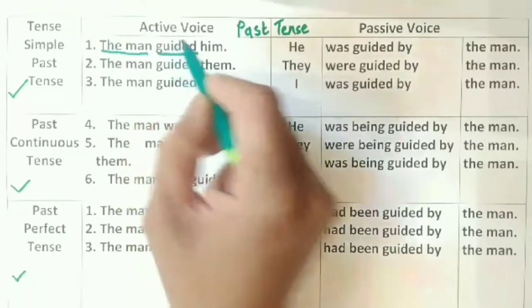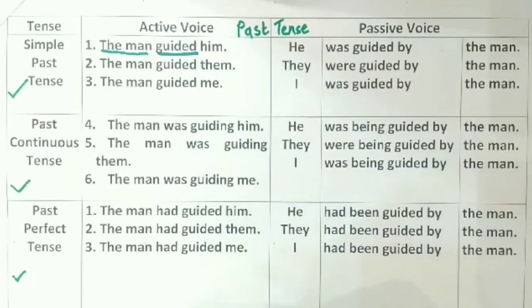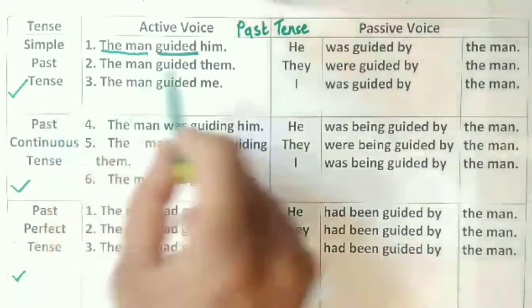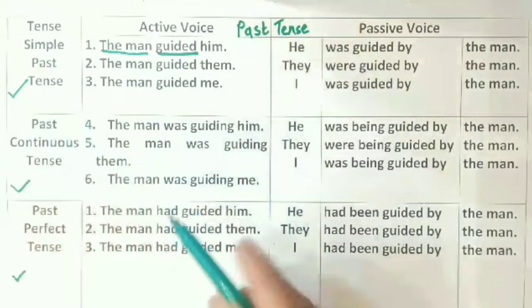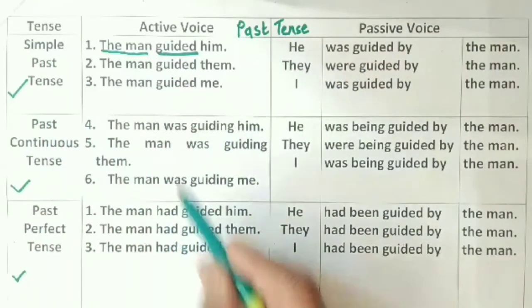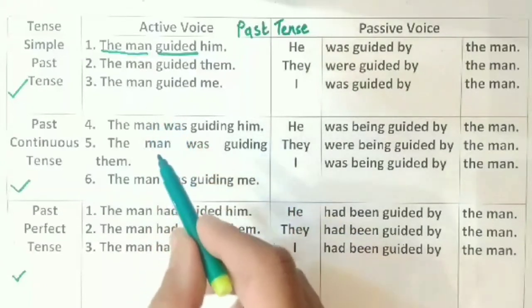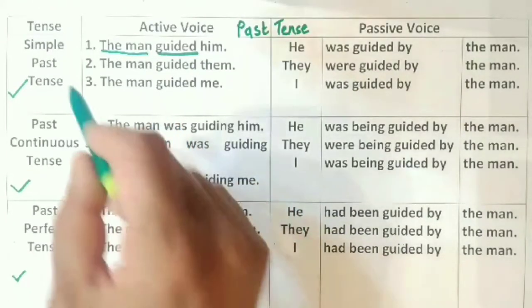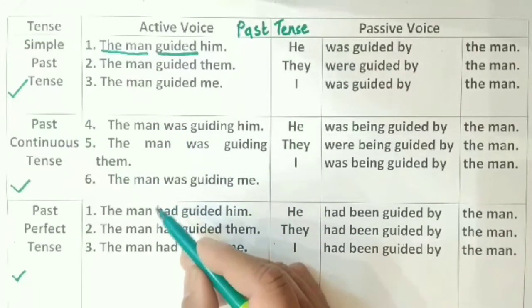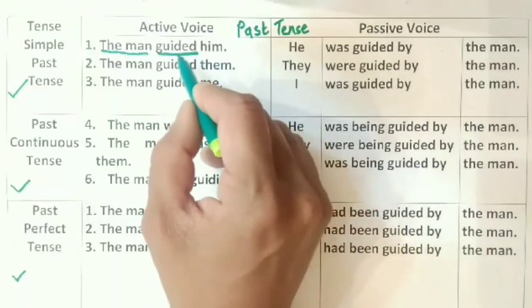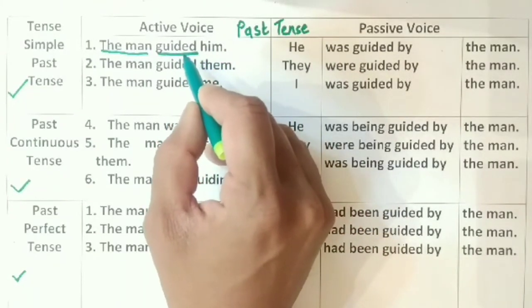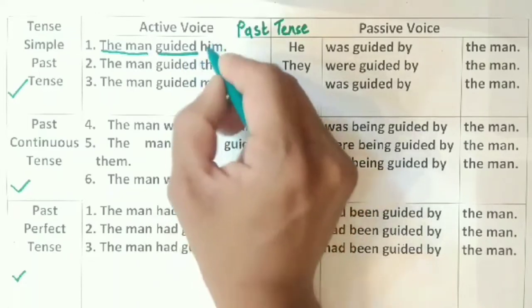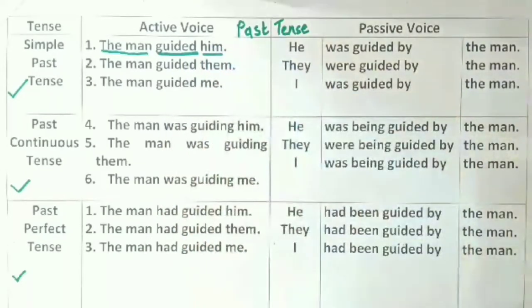Guided is the second form of the verb, as the sentence is from simple past tense. We have the pattern or structure in simple past tense, subject plus V2 plus object. So guided is second form V2 here, and him is the object.